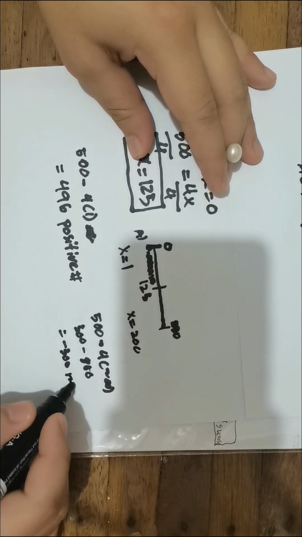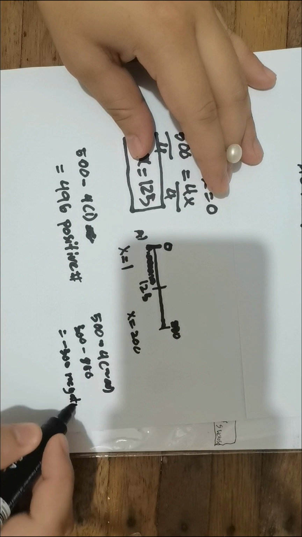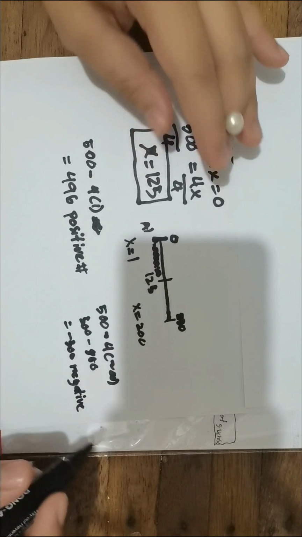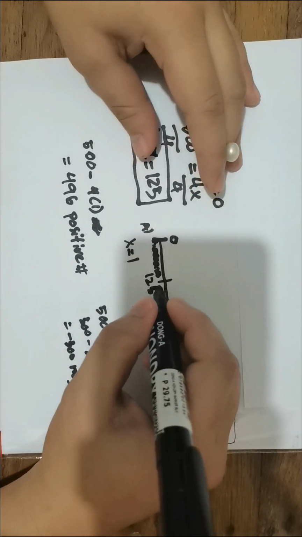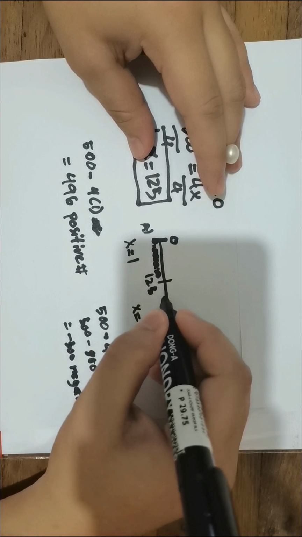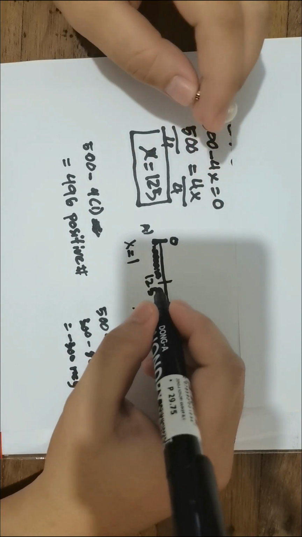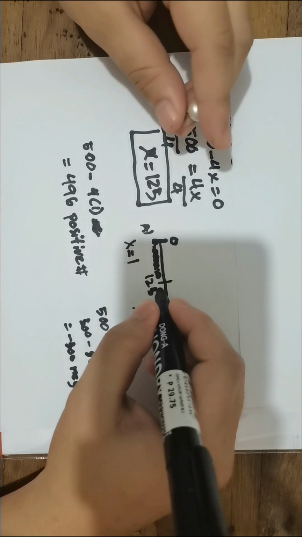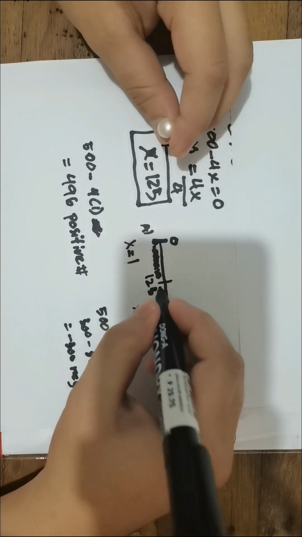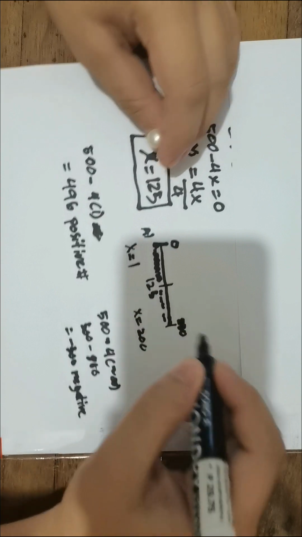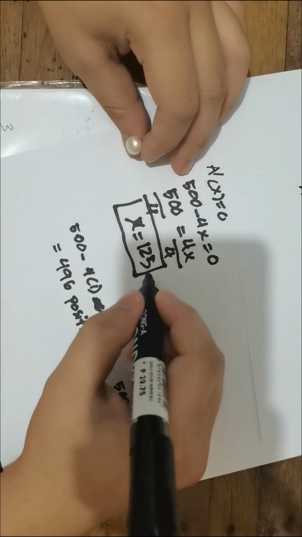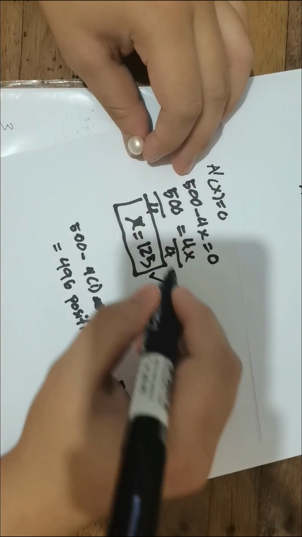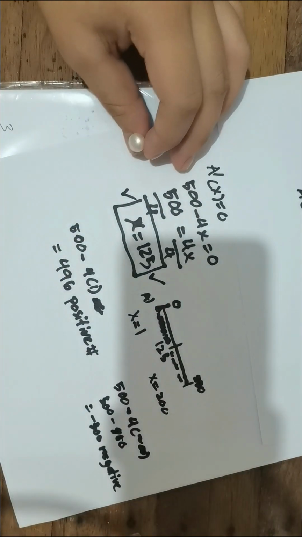It is negative, meaning it is decreasing. So after 125 feet, it becomes decreasing. So we can tell that this is the maximum area, 125.